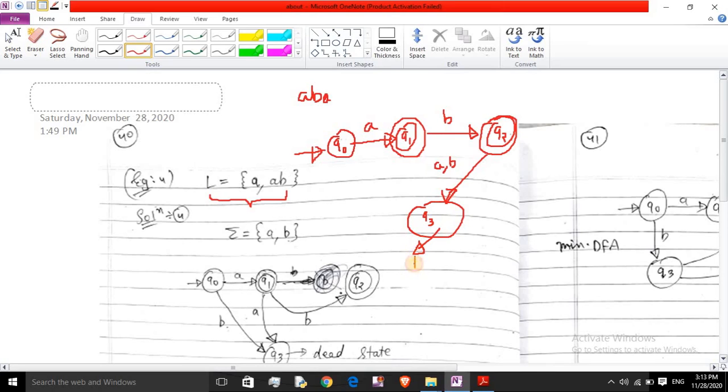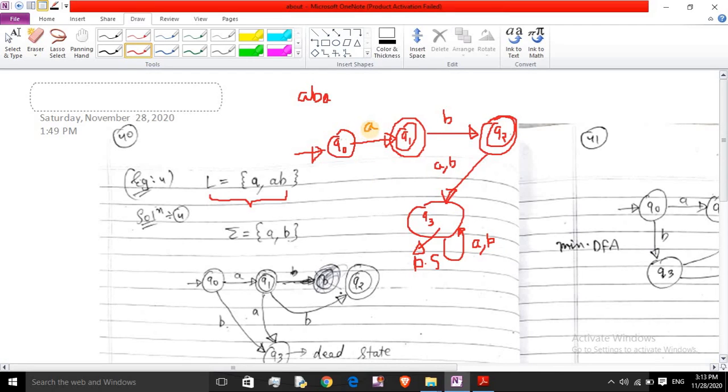I am writing it in short form as DS. DS means dead state, from where we cannot reach the final state. So on getting any transition after this, we will remain in the same state, which is the dead state.